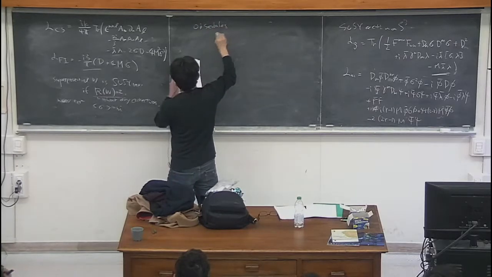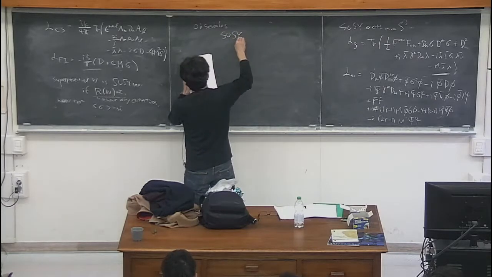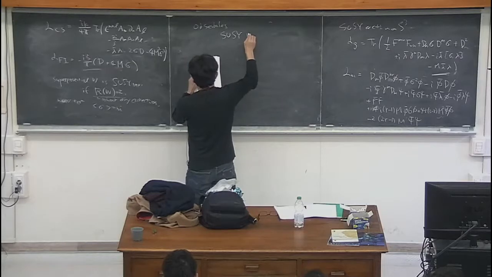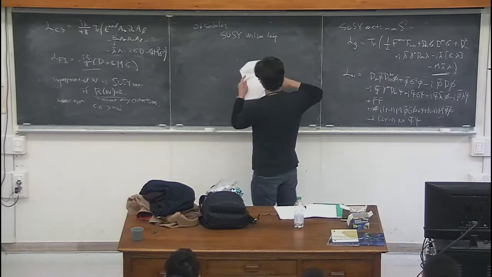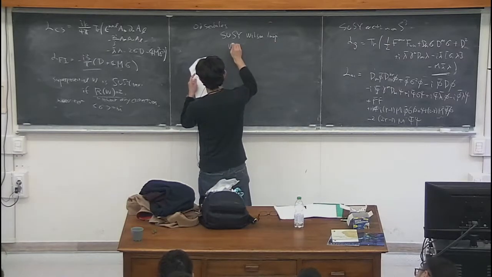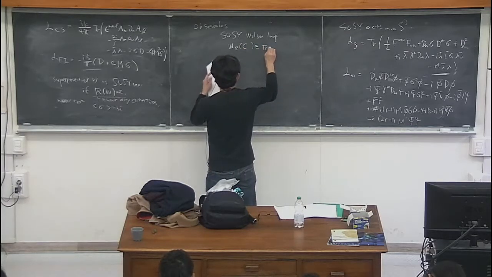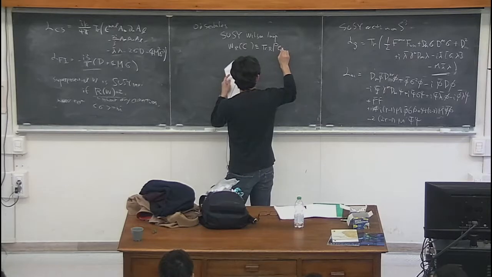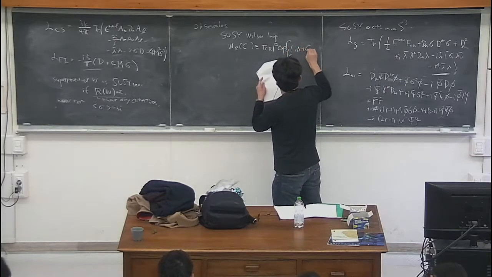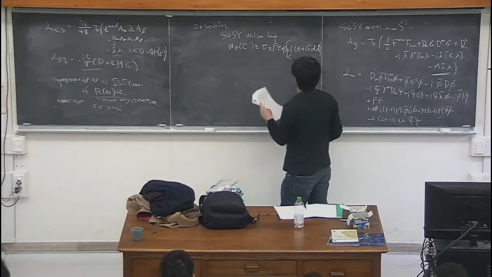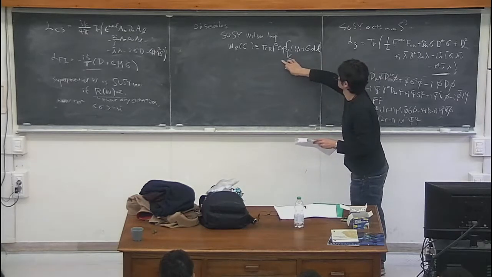Then observables. This means supersymmetric operators which can be computed by the localization technique. It's called the supersymmetric Wilson loop. It's like this. And this part is of course the usual Wilson loop.